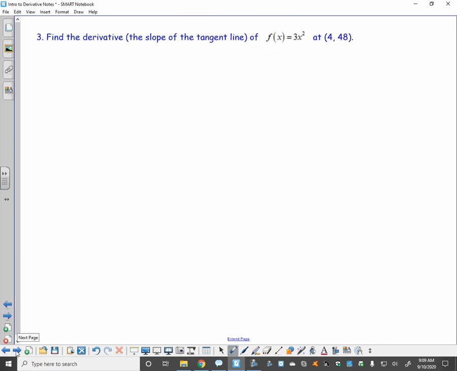All right, let's try it. Find the derivative, which is the slope of the tangent line at any given point, of f of x equals 3x squared at (4, 48). Okay, so the first thing I need to do is find my derivative. So, definition of a derivative is the limit as h approaches 0.